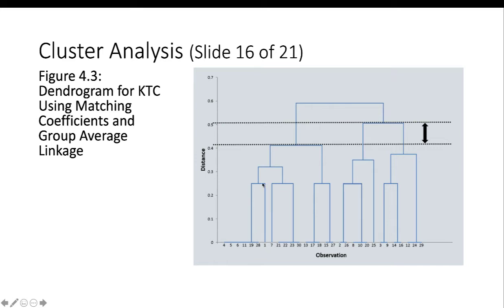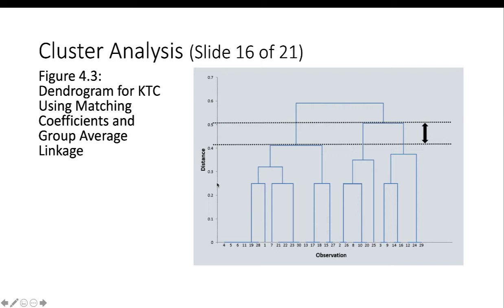So following the blue vertical line up from the cluster 4, 5, 6, 11, 19, and 28, another blue horizontal line connects this cluster with the cluster consisting only of observation 1. Therefore, the cluster 4, 5, 6, 11, 19, 28, and the cluster 1 are merged, resulting in a dissimilarity of 0.25. You can see it in here.